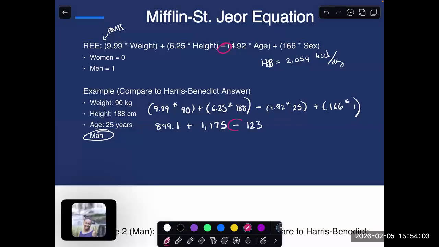And again, I need to keep my eye on this subtraction. And then 166 times 1 is just 166.